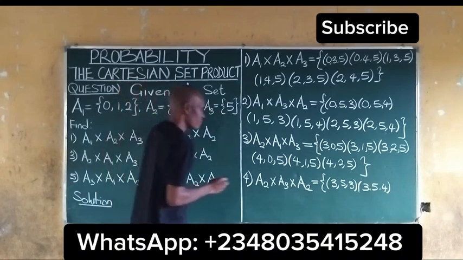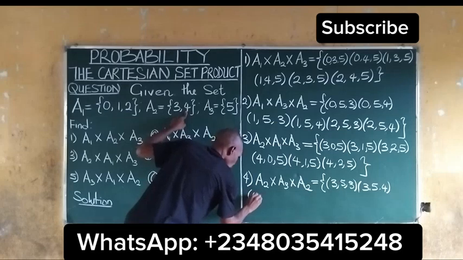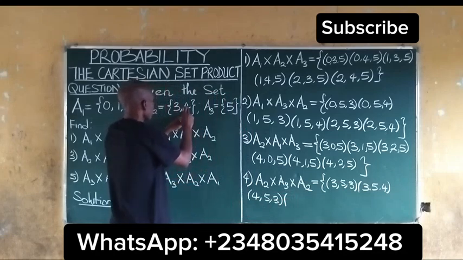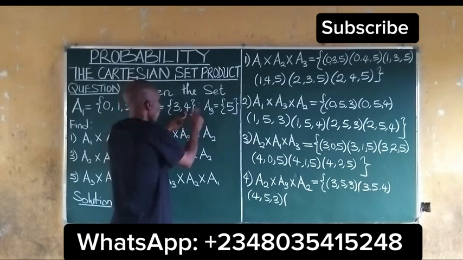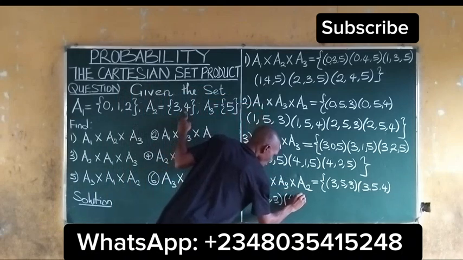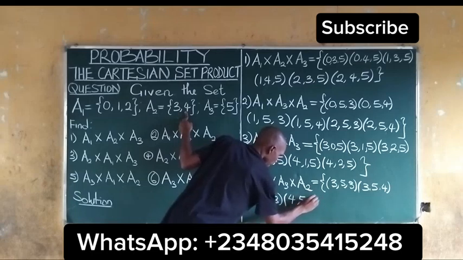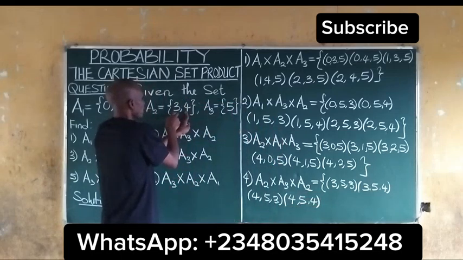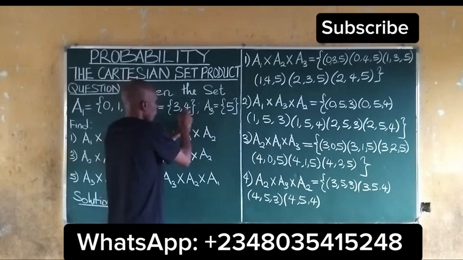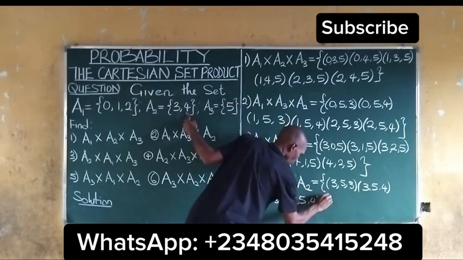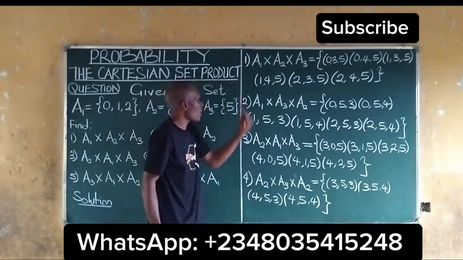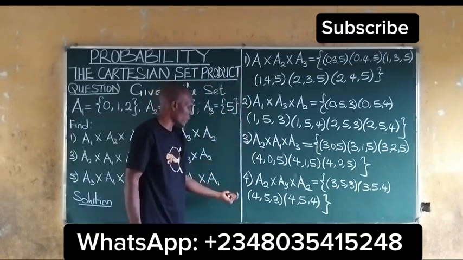(4, 5, 3), (4, 5, 4). So this is what we get for number 1, number 2, number 3, and number 4.